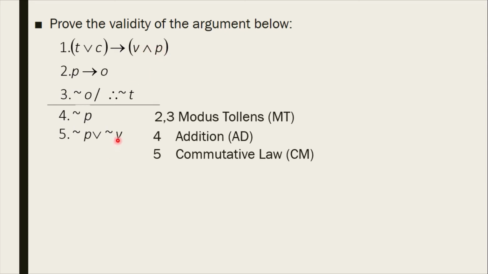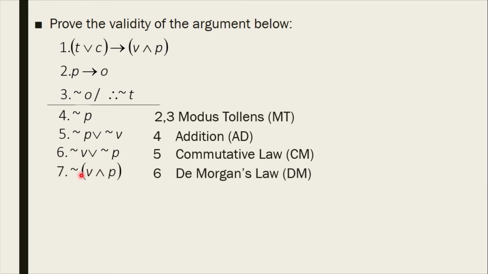So we're going to use commutative law first by changing the order of the two constituent parts here, so it will become not V or not P. So again, we will use De Morgan's law on number 6 to come up with the negation of a conjunction.